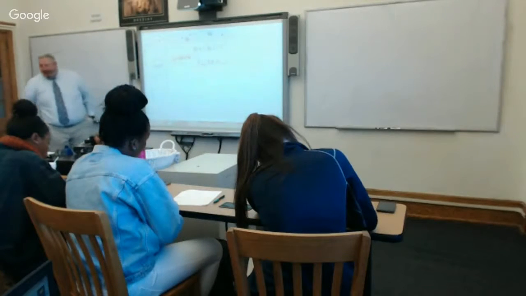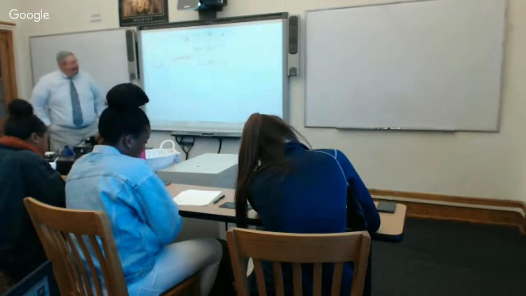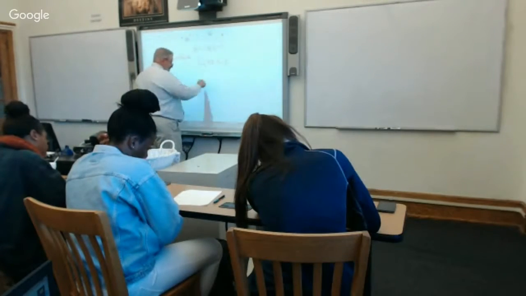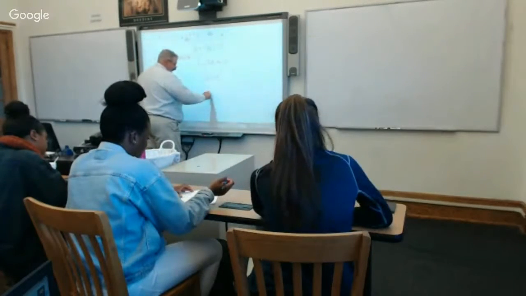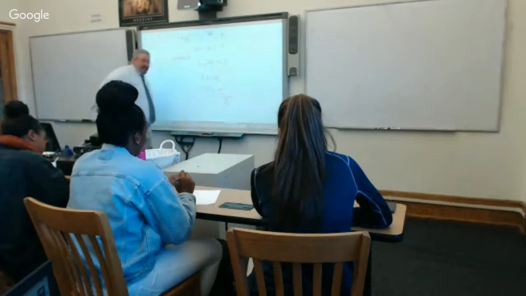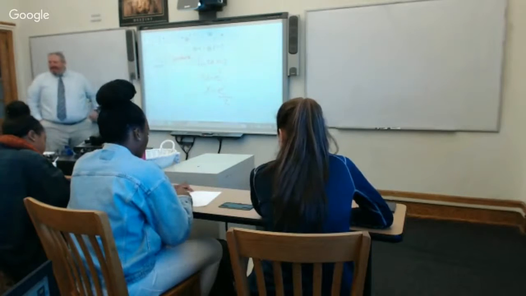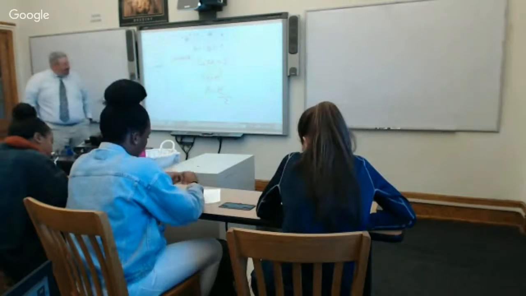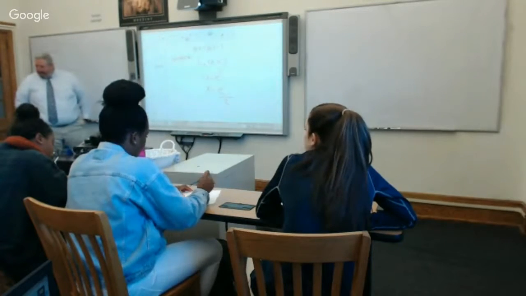When you're adding the logs, it means you multiply the numbers, right? Now we write in exponential form. And we solve. Is it all making sense? The algebra is all the same, it's just a little different things we do with the logs. Okay?